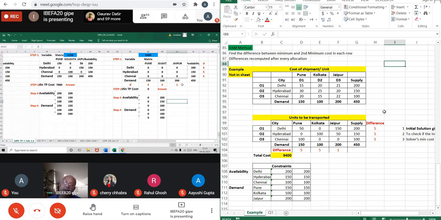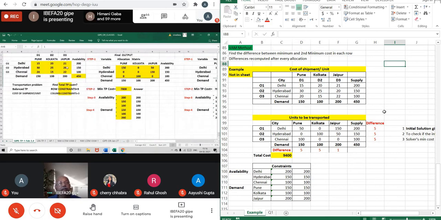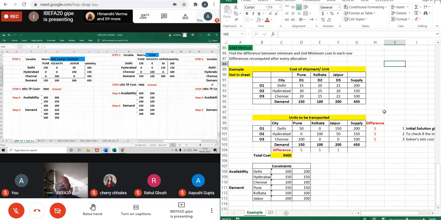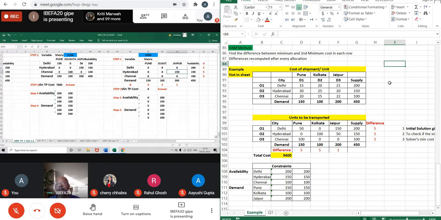So 1 is the minimum. In that direction, I have to allocate. The cost is minimum 20, so there I can give 150 units. So I don't want allocation to Hyderabad.